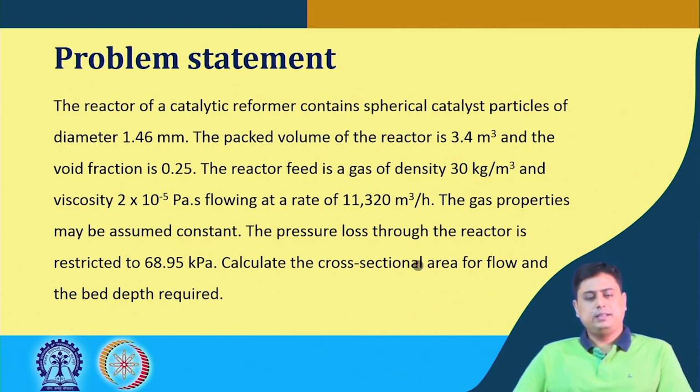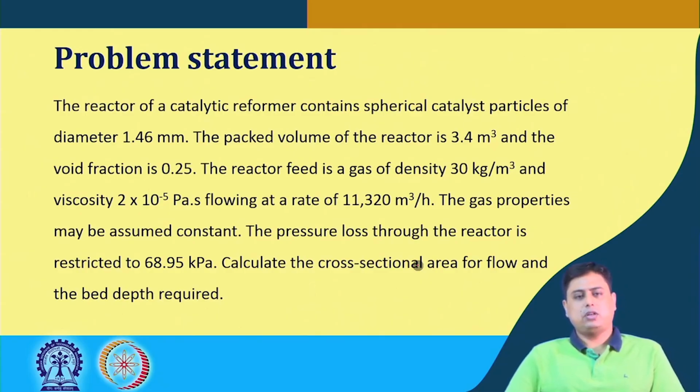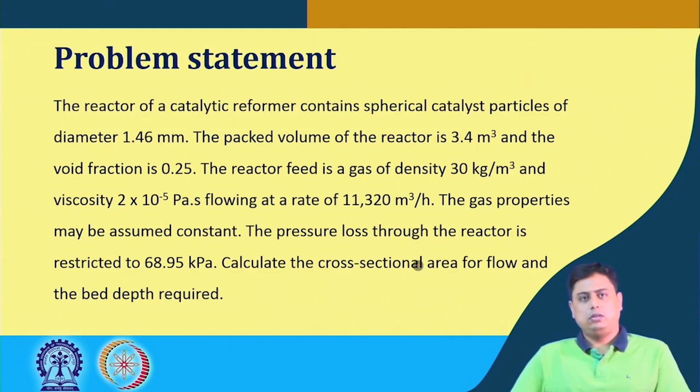Here it says that the reactor of a catalytic reformer contains spherical catalyst particles of diameter 1.46 millimeter. The packed volume of the reactor is 3.4 meter cube and the void fraction is 0.25.